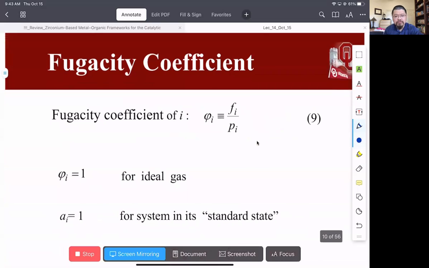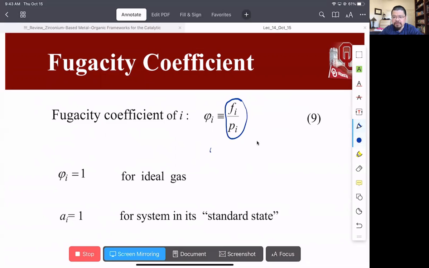And also we have the last important coefficient, which we call the fugacity coefficient. The fugacity coefficient is defined as the ratio, or deviation from the ideal gas. So if I have Fi, then I look at how close that Fi would be to the corresponding ideal gas behavior of Pi.